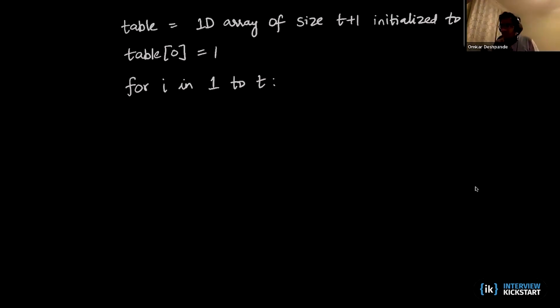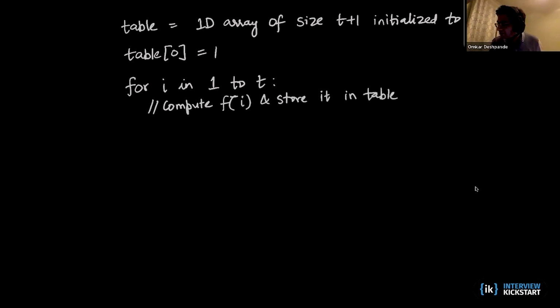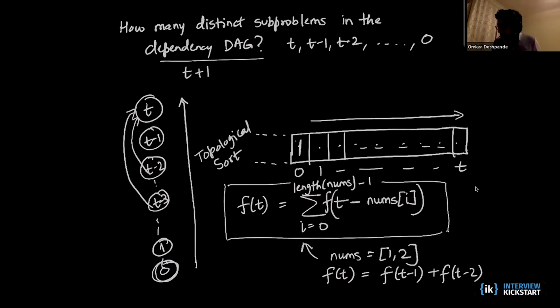And we are going to compute f of i in the body of this loop and store it in table of i. How do we compute f of i? By going back to the recurrence and then just implementing it.